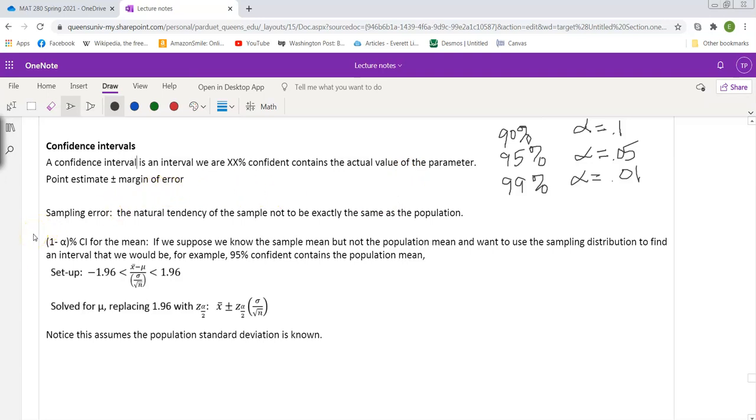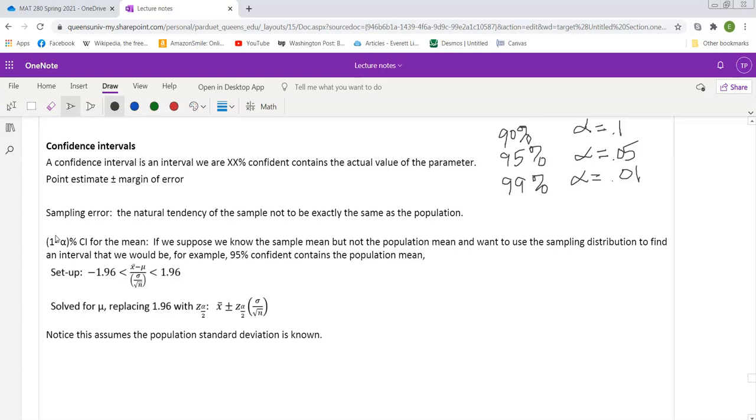I should mention here there's a thing called sampling error. And that is not a mistake. It just means that when you take a sample, the sample mean is not going to be exactly the same as the population mean. It's probably close, but it's not going to be exactly the same.